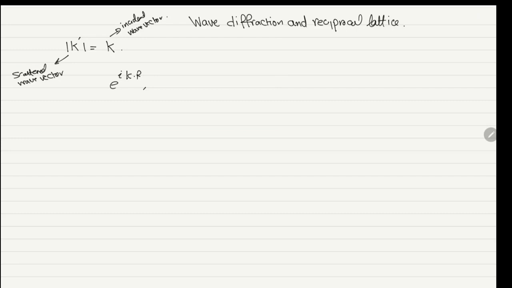We also have to consider the phase change k prime dot (r minus capital R) in propagating from capital R to r. In this case, the wave vector of the scattered wave is equal to a e to the i k dot R multiplied by the phase change e to the i k prime dot (r minus capital R).